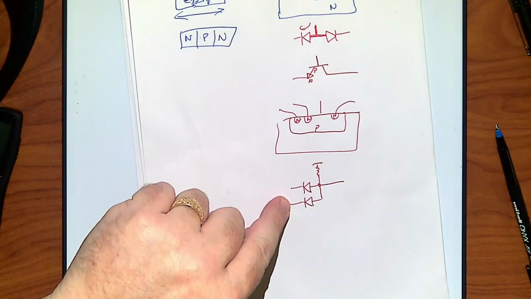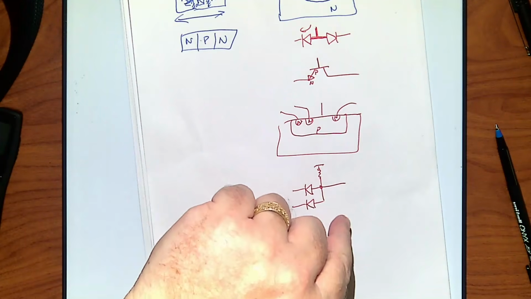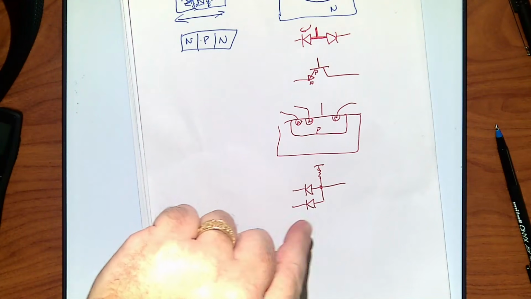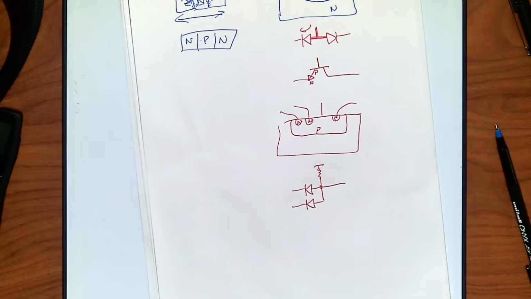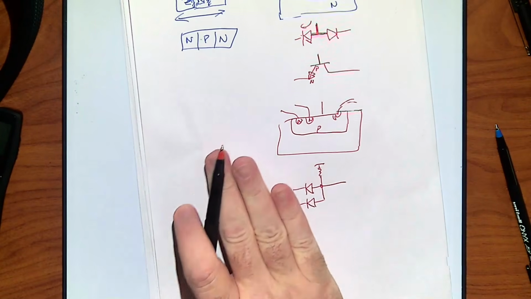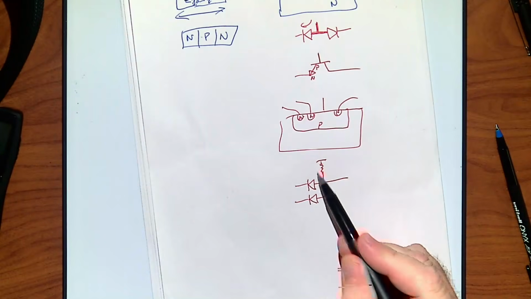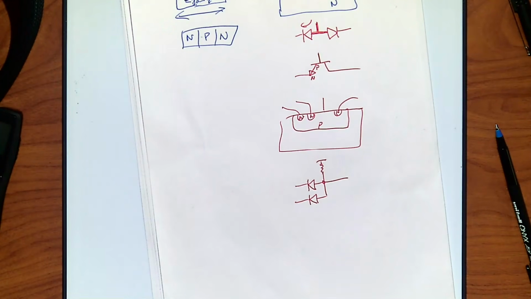If either of these go to zero, then this flows, that pulls down to zero. Right? If both of these are high, nothing flows, so they're in essence not there, and it gets pulled up by that resistor. And that was an AND gate.